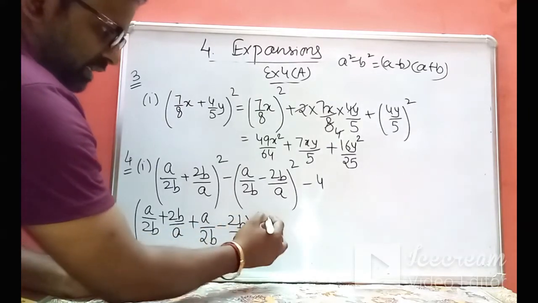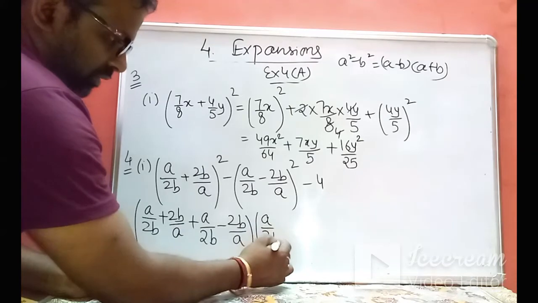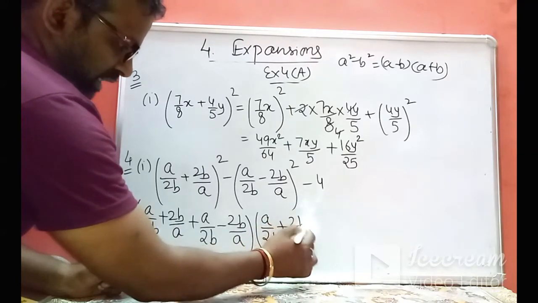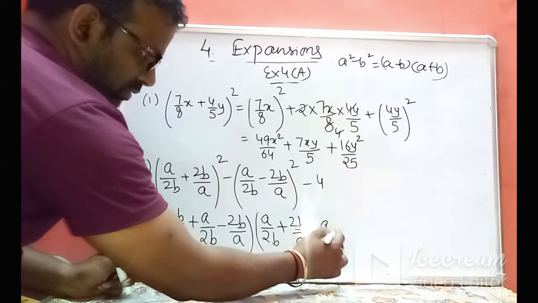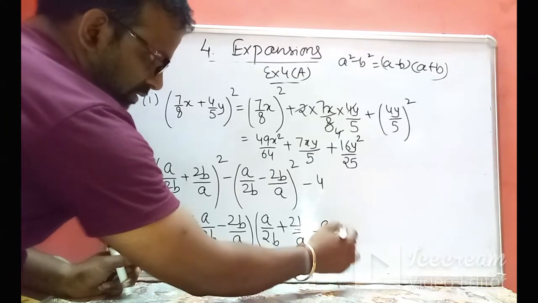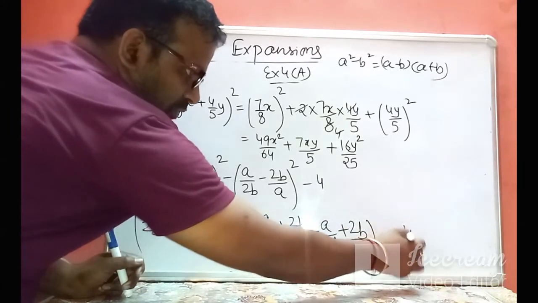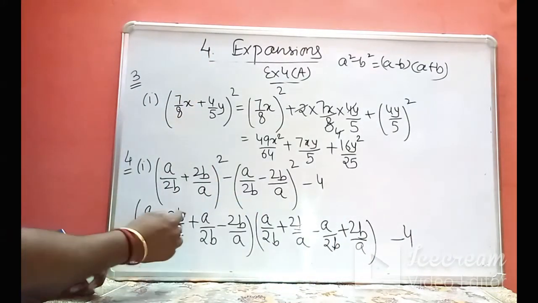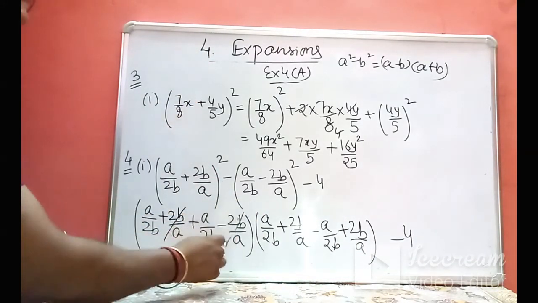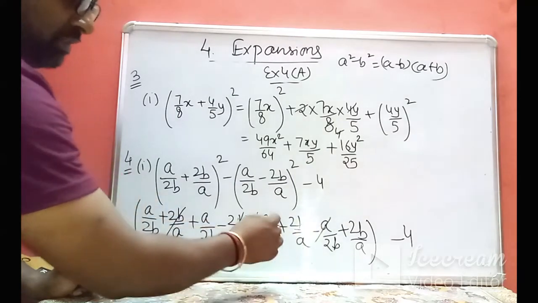Then a upon 2b, first we have used the plus sign, now I will use the minus sign, and this is minus 4 separately. So see, this cancels out, then this one also cancels out.